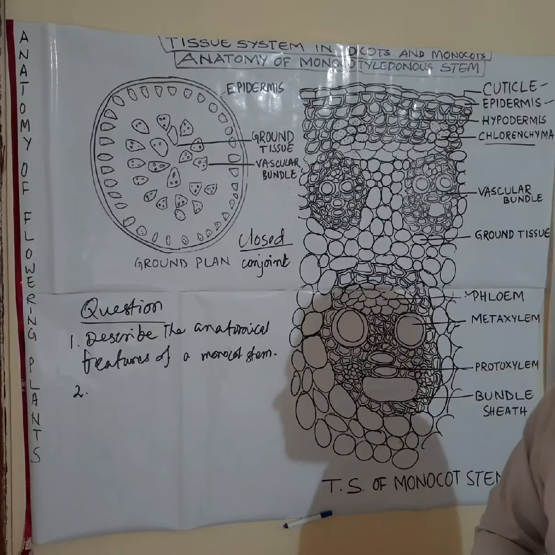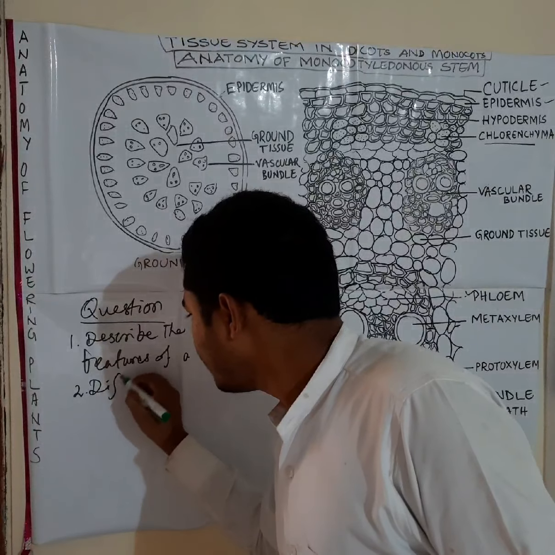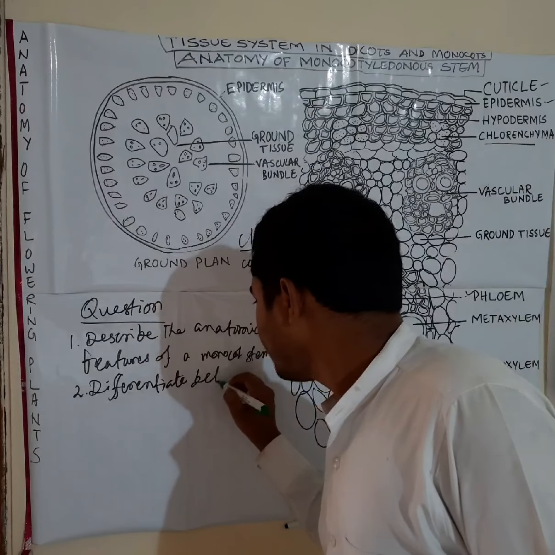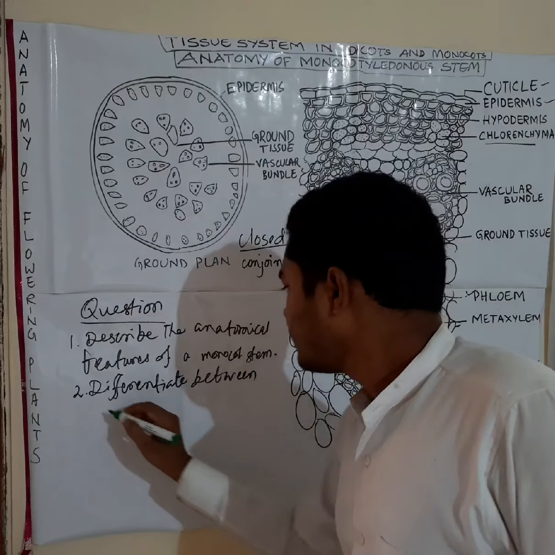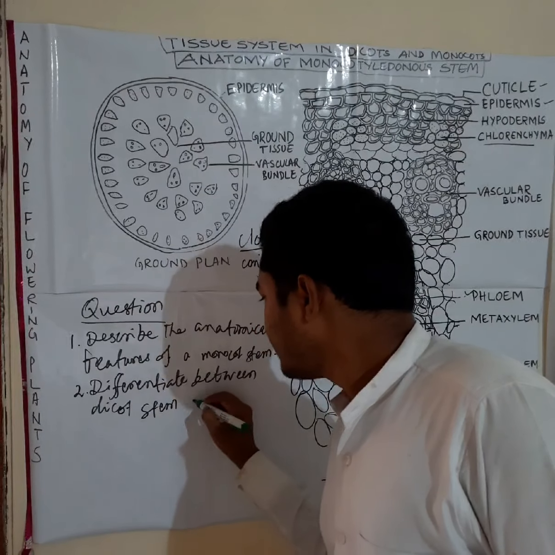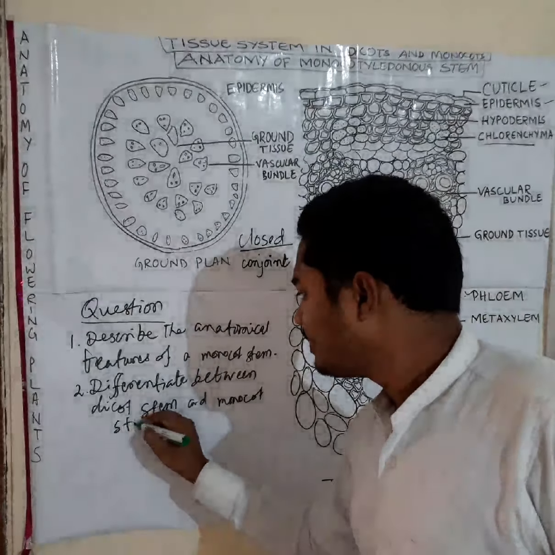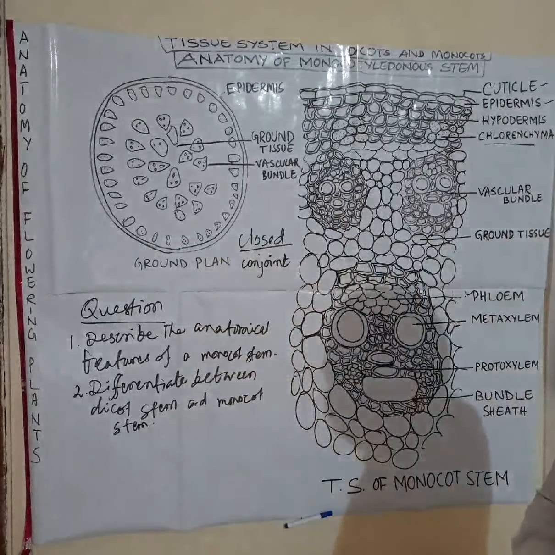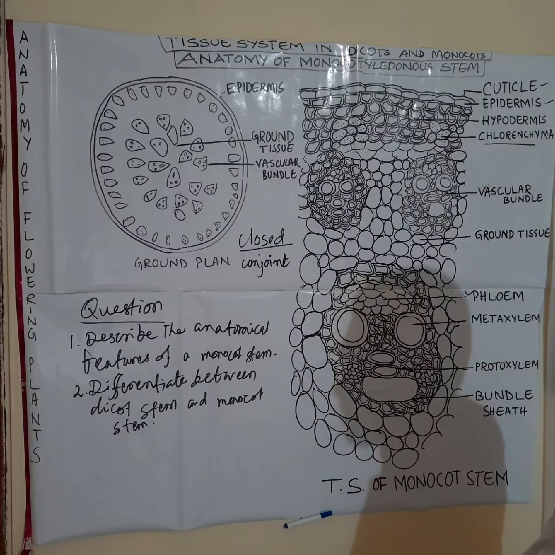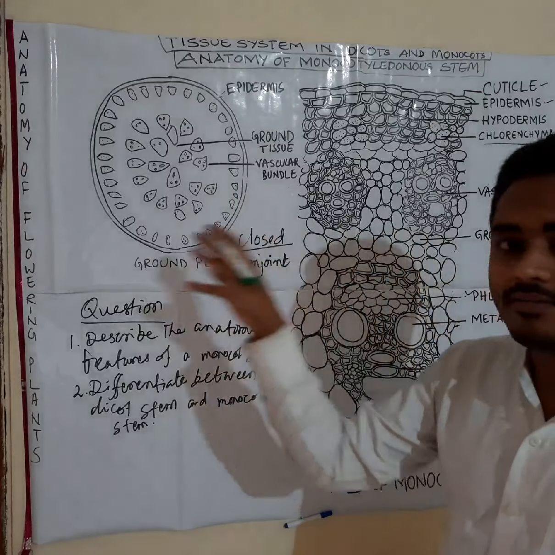Another frequently asked question is: differentiate between dicot stem and monocot stem. You have to make a separate column for monocot stem and dicot stem and go on describing each point in which they differ.